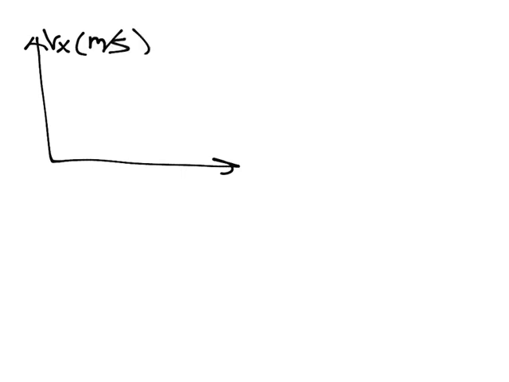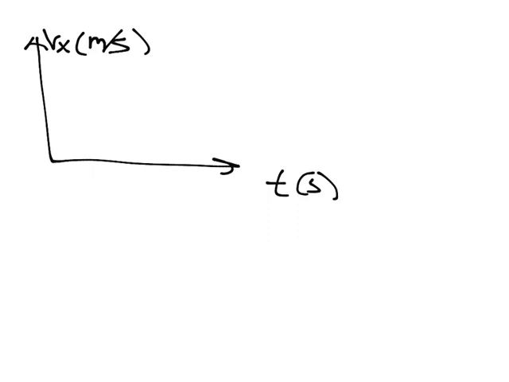Okay, in the next part, it asks us to sketch a graph of horizontal velocity of the lemmings versus time. So we have Vx, this is in meters per second, and time, this is in seconds.